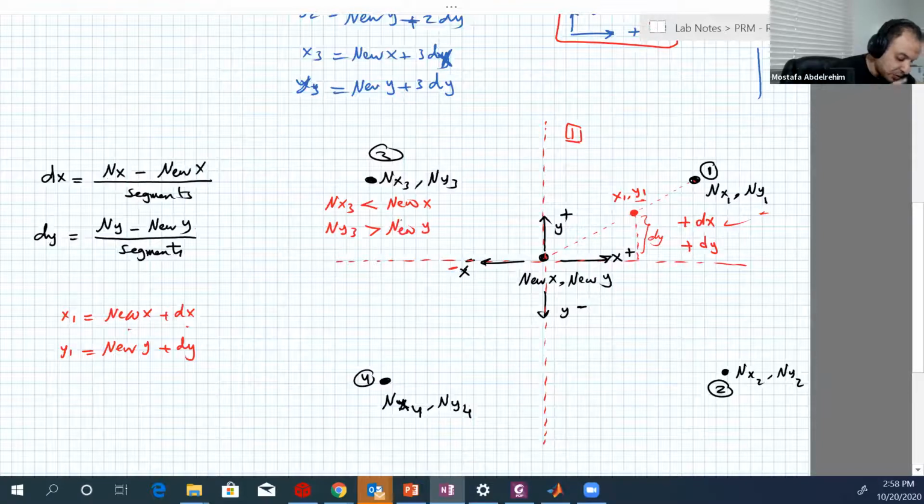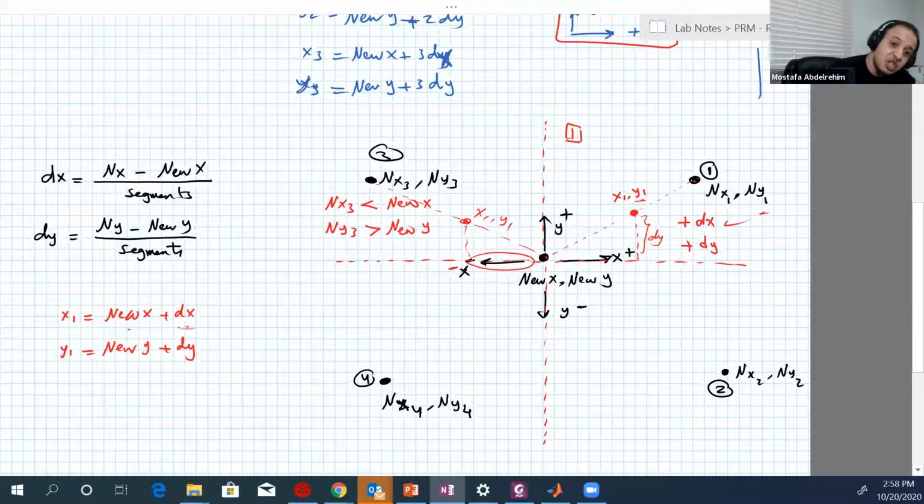So we won't add for x. Let's assume again this is x1, y1. So x1 is equal to new x minus something, minus delta x, this distance. So this should be negative.